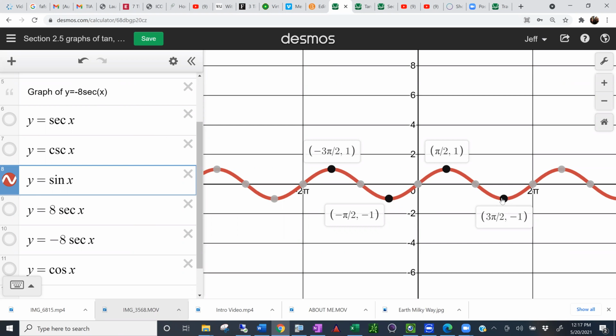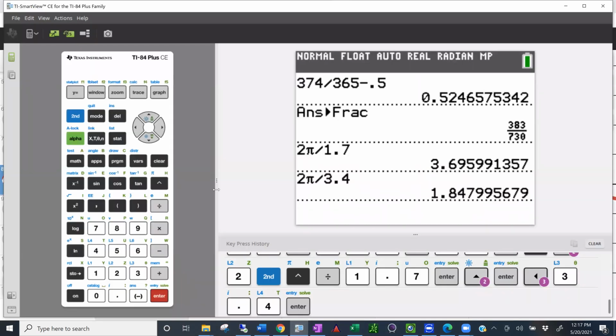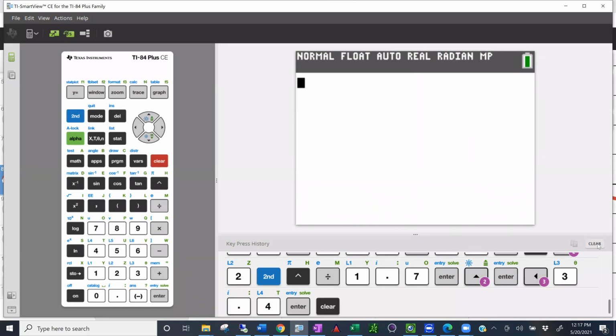Now I feel a little bit uneasy about just relying on Desmos for this because this is just so nice. It just tells you where these things are. You might not always be able to use Desmos on future tests and future exams, etc. So let's take a look at what that would be in the graphing calculator. Let me clear all this out.